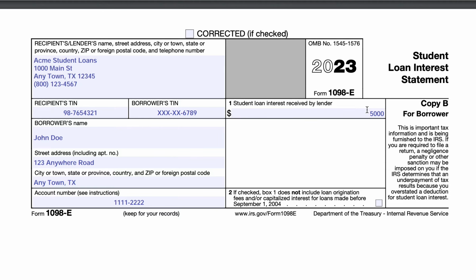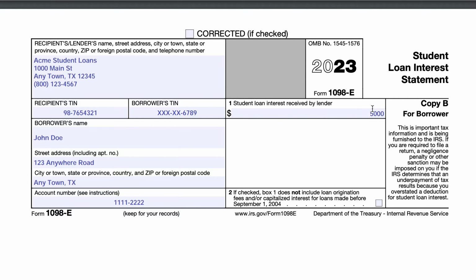So what does that mean to you? It means that for taxpayers that are relying only on this number, you could be missing out on student loan interest that should be calculated as part of your tax deduction. So you are able to deduct up to $2,500 per year.